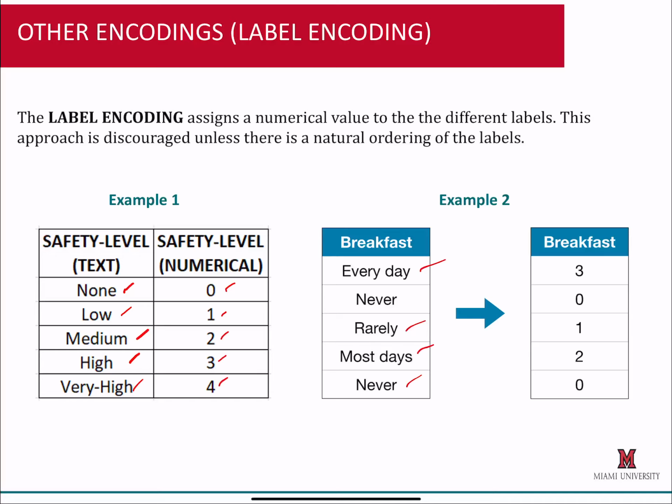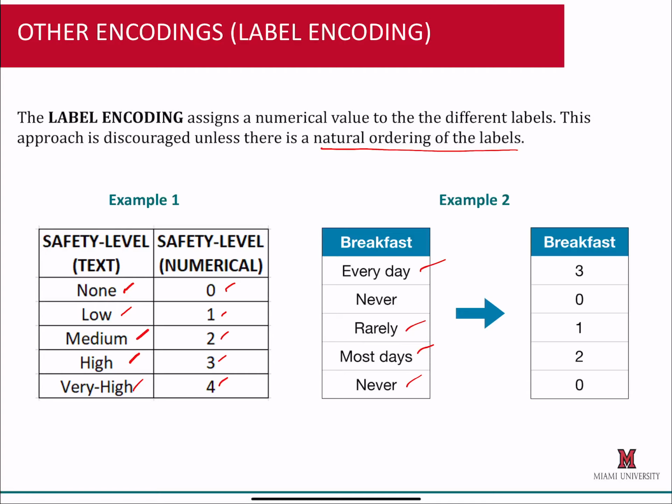This type of encoding is generally discouraged unless there is some natural ordering of the labels. But it is actually used in practice. The reason for that is because numerical variables actually do not contribute a lot to the model degrees of freedom.